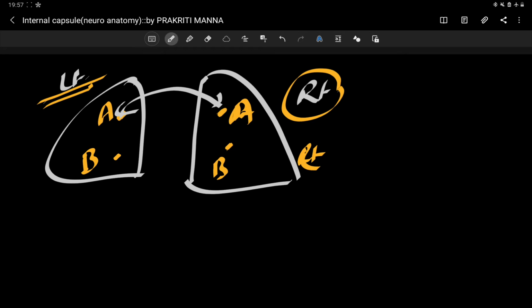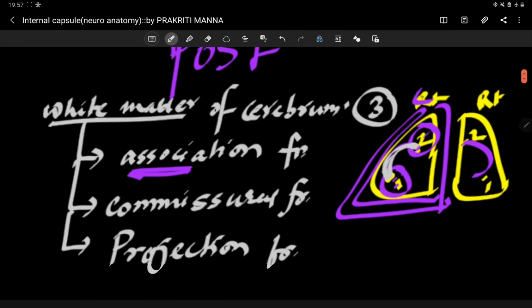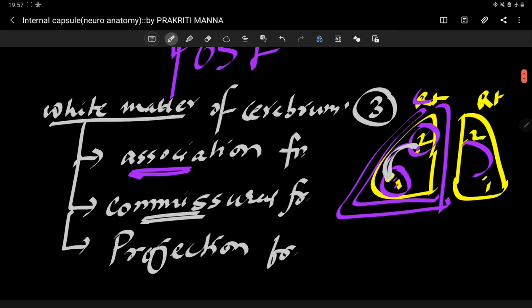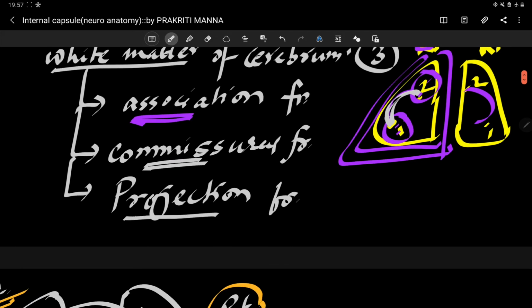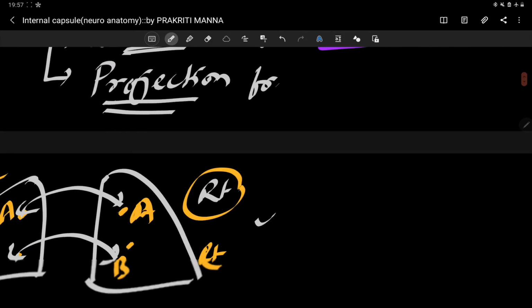So commissural fibers connect the similar areas of the left and right cerebral hemispheres. Similarly, another commissural fiber connects area B with area B of the other hemisphere. So this is about commissural fibers. Now let's talk about projection fibers.